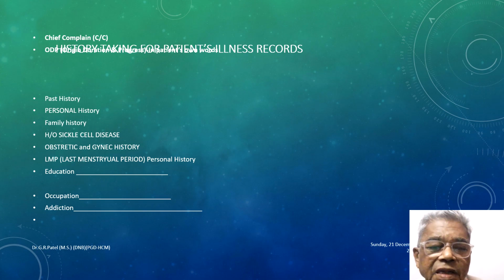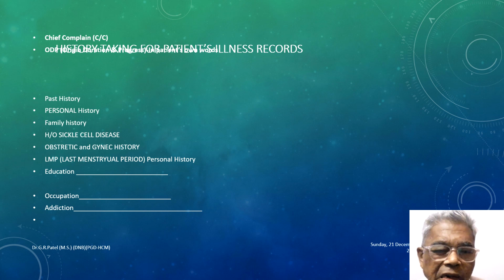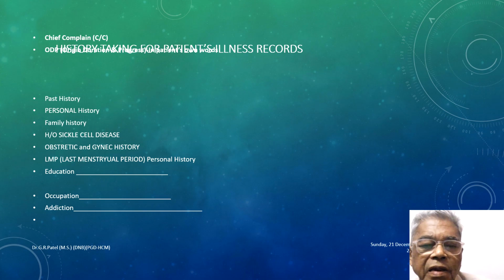Past history, then personal history: habits, night sleep, diet, etc., must be inquired into. Family history: how many members are there in the family? That is important. Sickle cell disease.